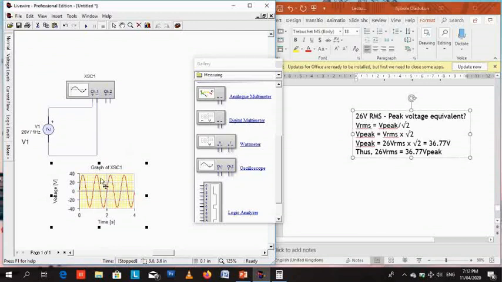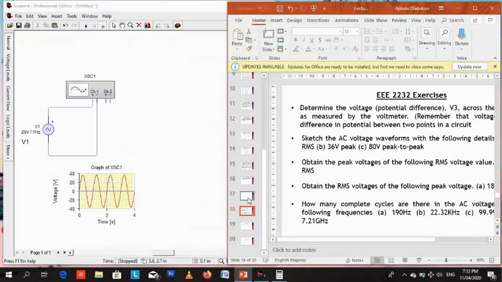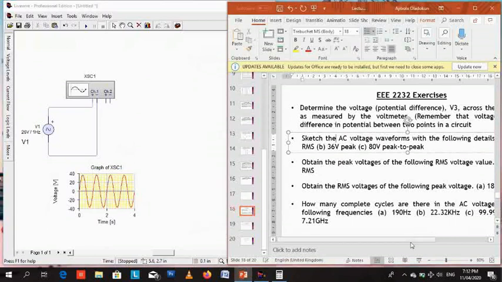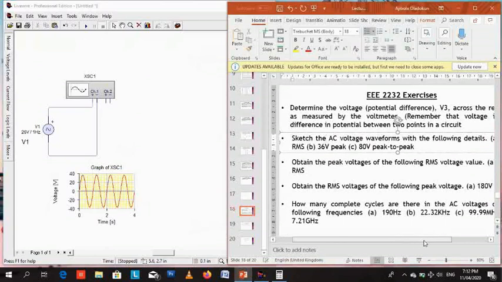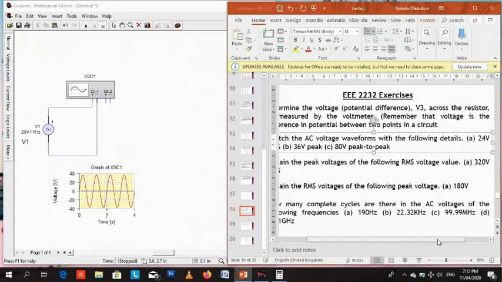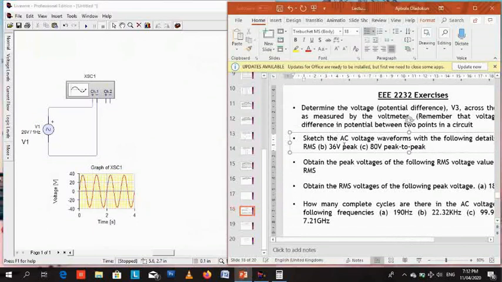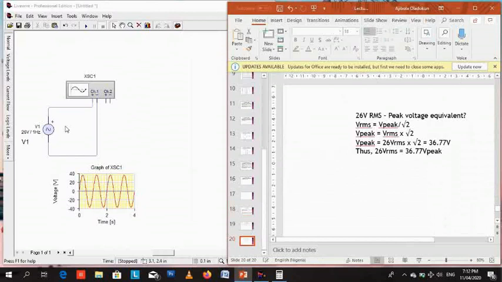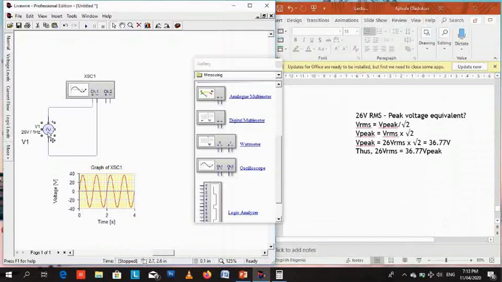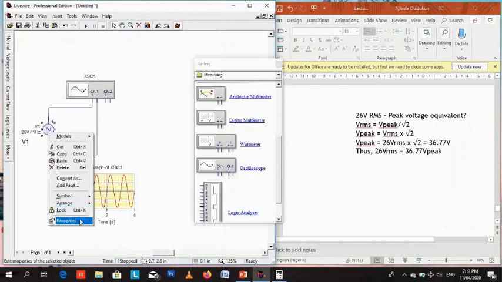So if you were to sketch this AC waveform that has an RMS voltage of 26, on your notepad or your exercise notebooks or on your Microsoft Surface tablets with a digital pen, the peak of your waveform should be at 36.77 volts, even though the RMS voltage is 26 volts.